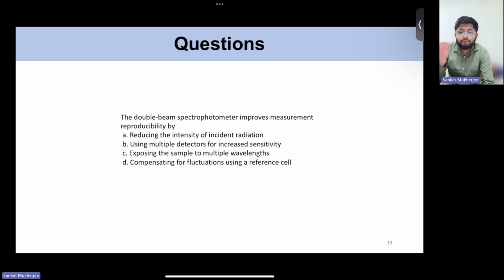The double beam spectrophotometer improves measurement reproducibility by reducing the intensity of incident radiation, using multiple detectors for increased sensitivity, exposing the sample to multiple wavelengths, or compensating for fluctuations using a reference cell.